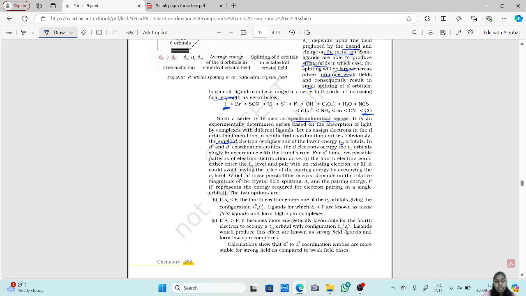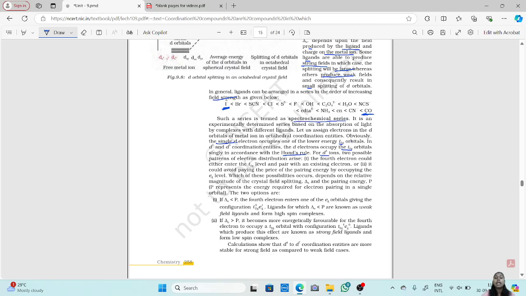In d2 and d3 coordination entities, the electrons will occupy the T2g orbitals singly, because of Hund's rule. For d2 and d3, there will be only one case, that is the T2g orbitals will be singly occupied.